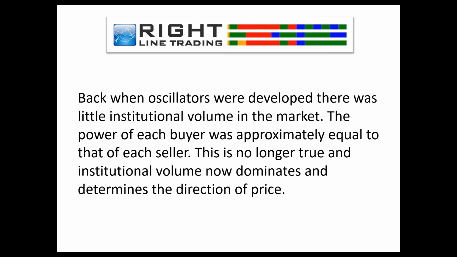This is my feeling. When oscillators were first developed, there was little institutional volume in the market, and the power of each buyer was pretty much equal to the power of each seller. But this is no longer true, and institutional volume now dominates, and that determines the direction of price. In 1957, the market consisted primarily of small commercial traders.